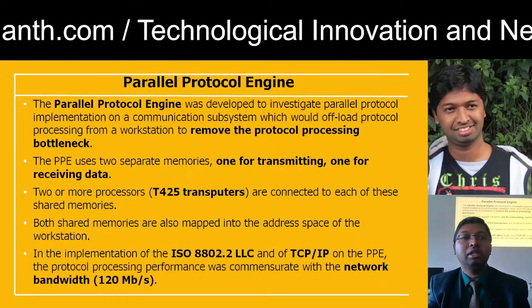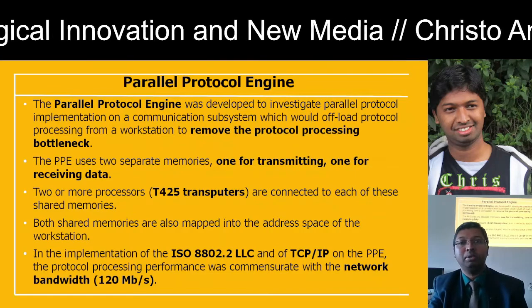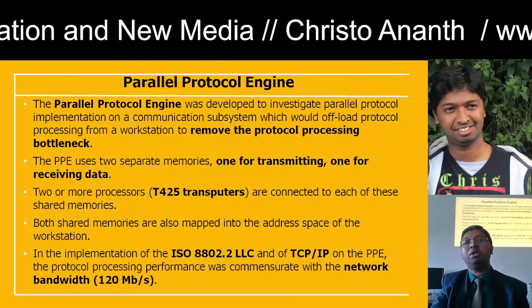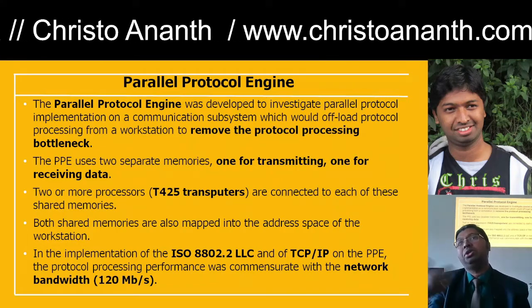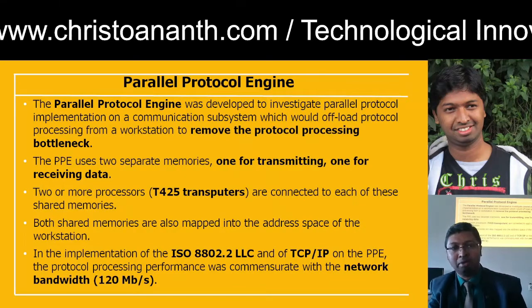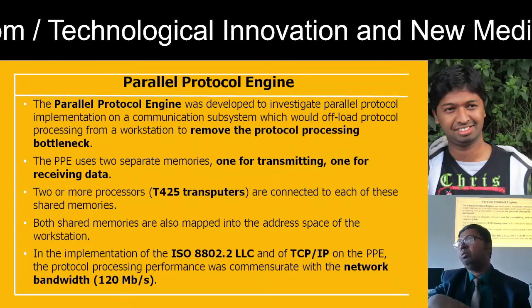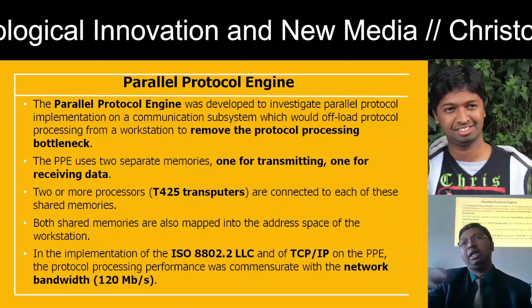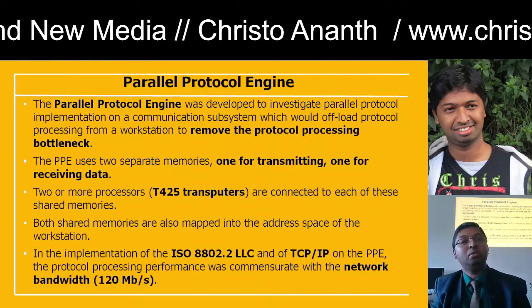PPE has the function of parallel protocol implementation. The extra overload that protocol processing consumes is taken out of the entire channel. The parallel protocol engine has two separate memories, one for transmitting and another for receiving. There are two or more processors as well.